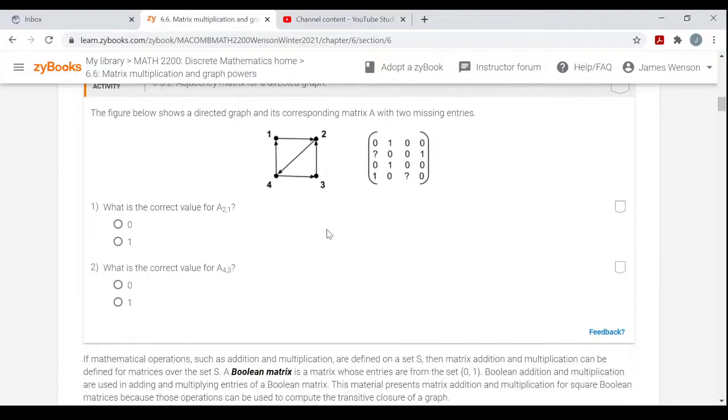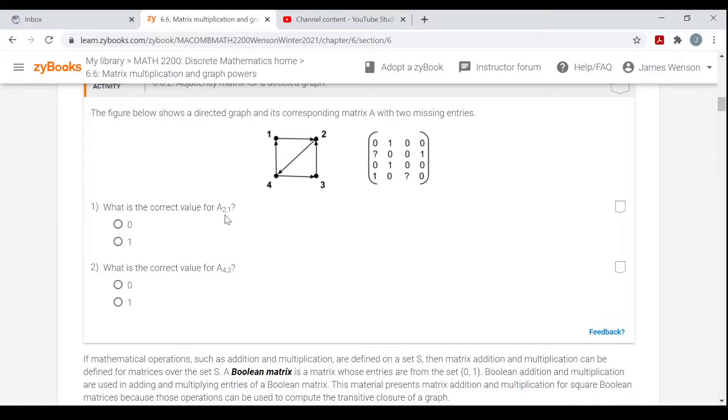All right. So this one, again, very simple. Here's a graph on a set of 4 vertices. So notice the matrix has a size 4 by 4. It's 4 rows, 4 columns. So they're asking here, what is the correct value for matrix, they're calling this matrix A, in the position 2, 1?